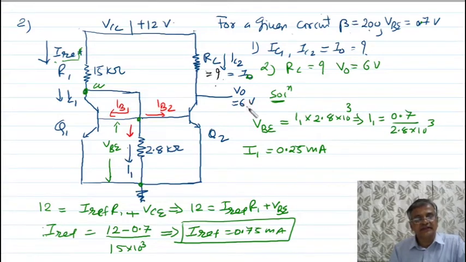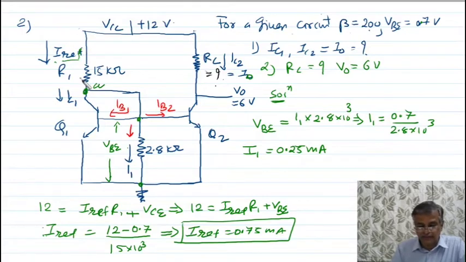So what is the method we did? You see in the circuit, easily first you can find the I1. Why? VB is 0.7, they have given, so you can find this. As you know the I1, you can also know the I reference. Why? This voltage plus this voltage is equal to 12. VB is given to you, so I can easily find the I reference.